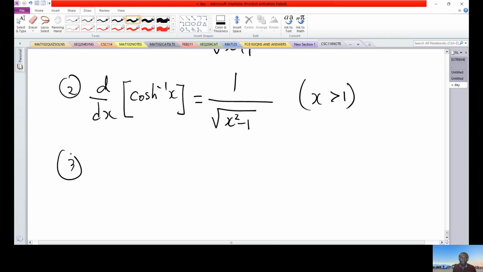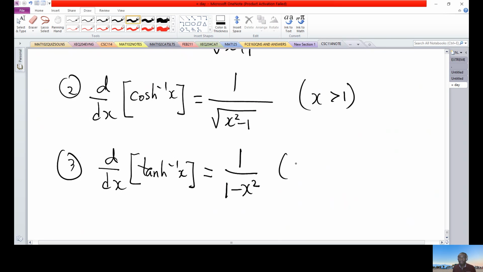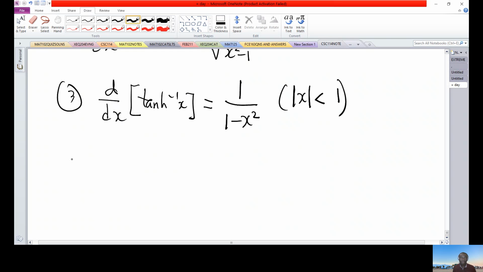Number 3, d/dx, you can always prove this, of inverse of tan hyperbolic is 1 over 1 minus x squared. Condition here is that the absolute value of x must be less than 1.